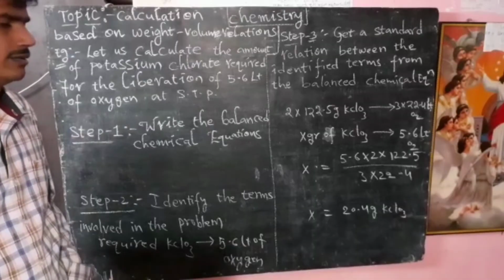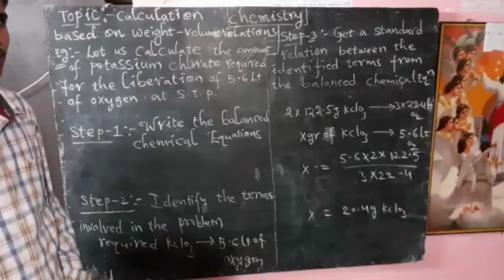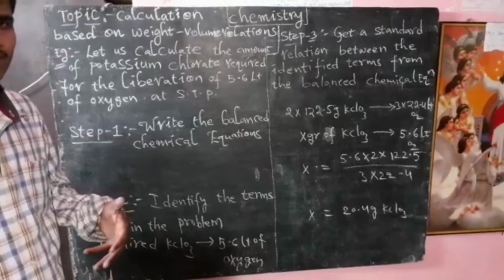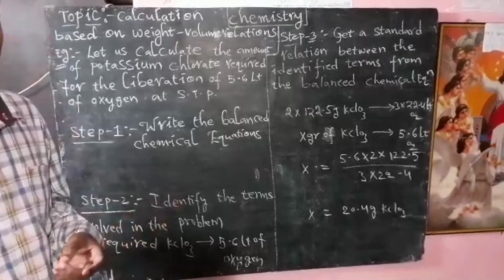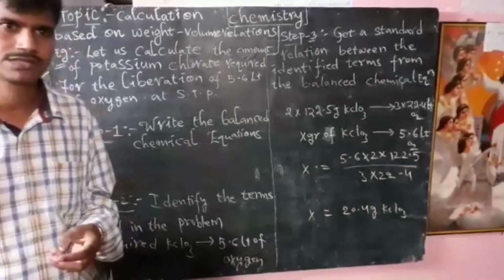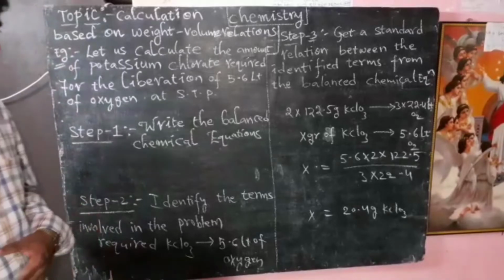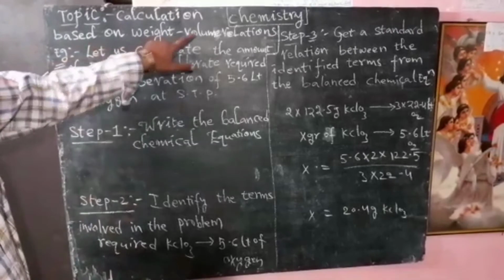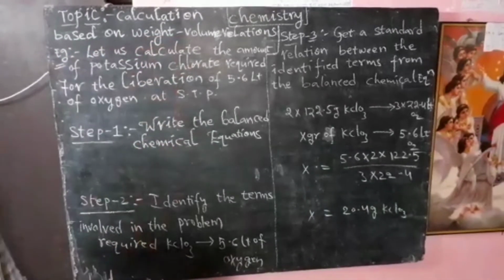Already we discussed different stoichiometric calculations based on weight relationship, weight-volume relationship, and volume relationship. Here I wrote one problem based on the weight-volume relationship between the reactant and product.